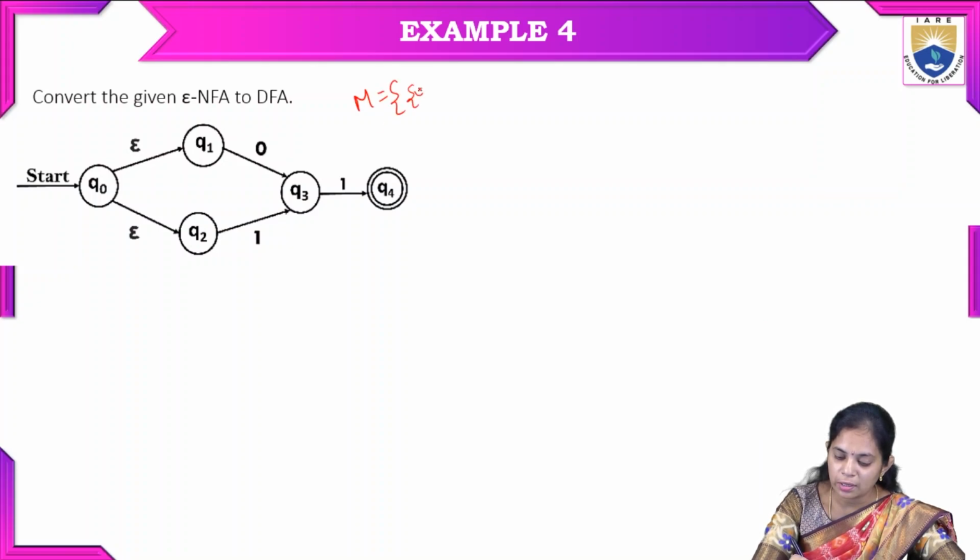How many states are there? Q0, Q1, Q2, Q3 and Q4, and the inputs 0, 1. The initial state is Q0 and the final state is Q4, and the transitions we are ready.